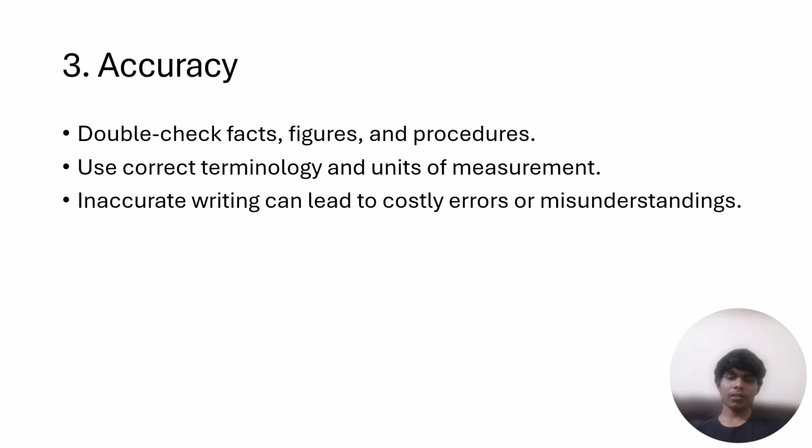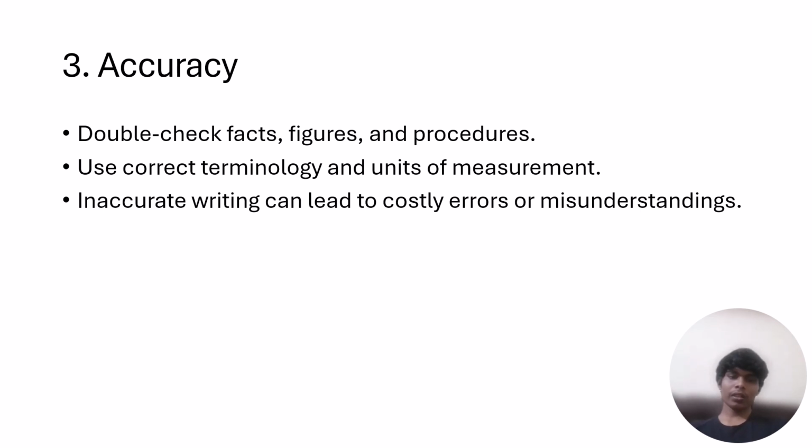Accuracy is one of the main things in this. Accuracy means what we are telling should be accurate, and it should be free of filler. Double check facts, figures, and procedures. We should double check our facts, figures, and procedures when we are telling something to people.